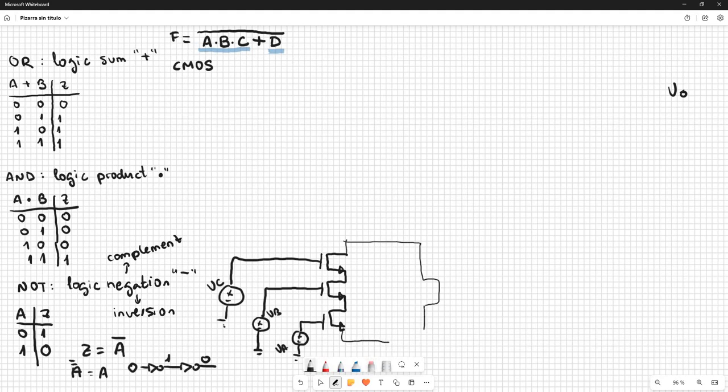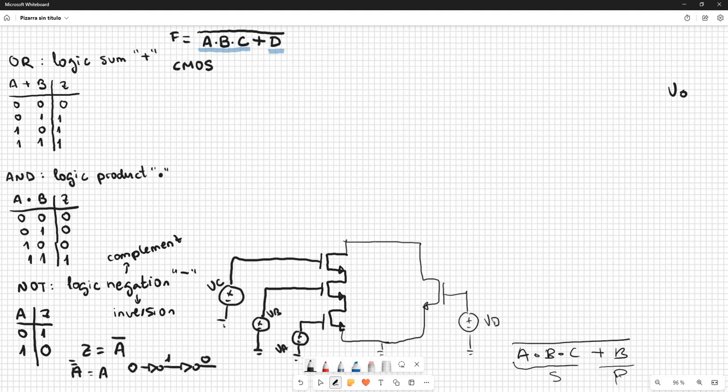And here in parallel, as I said, we have the D input. So now this base is implementing A, B, C plus D, because these are in series and this one is in parallel with the previous ones.